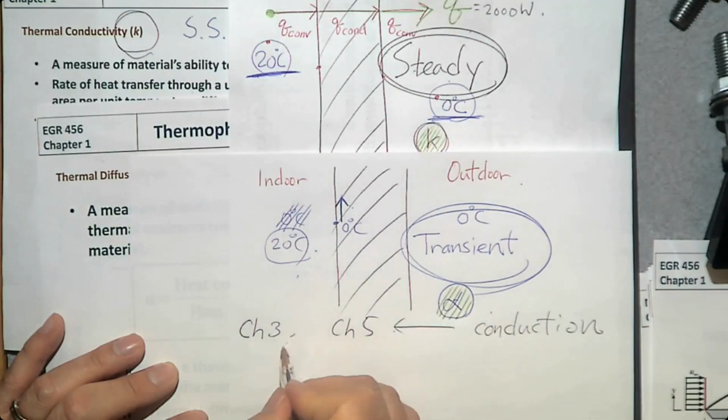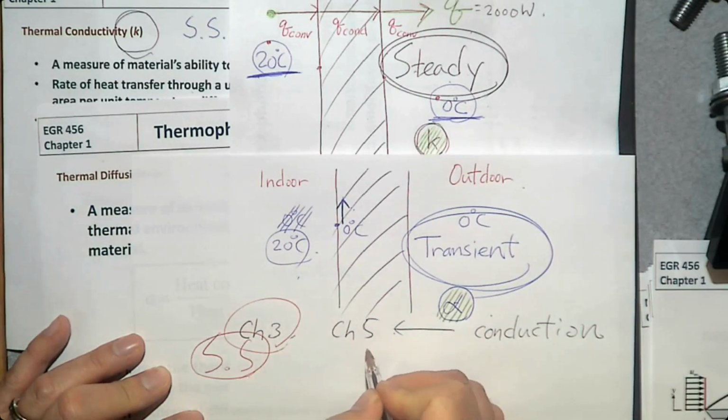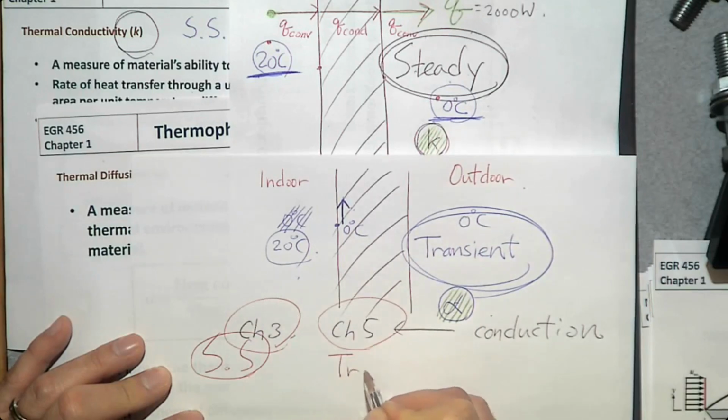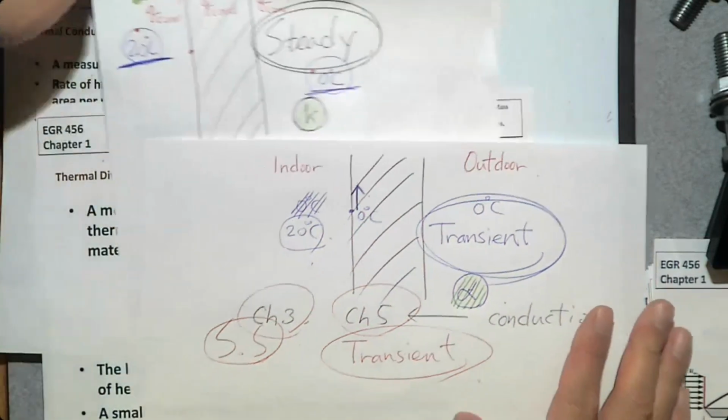Chapter 3 is going to be steady state heat conduction, and chapter 5 is going to be transient heat conduction. Once we study both of them, then you will have the second exam. The second exam covers these two chapters.